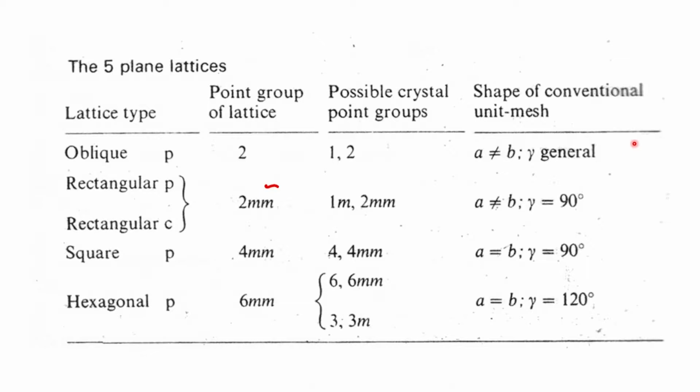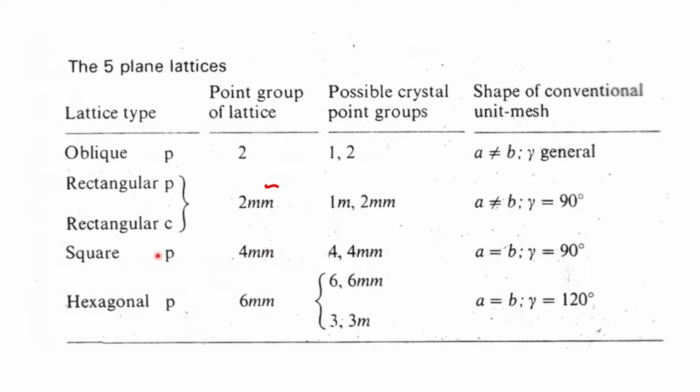Having understood that, we have the remaining P and C with the point group symmetry. The maximum symmetry is 2 mm, and then depending upon the type of object we are going to put in the crystal, it could be 1 mm or 2 mm. The same logic applies to the square symmetry as well as the hexagonal symmetry.